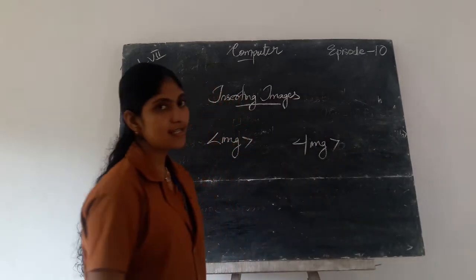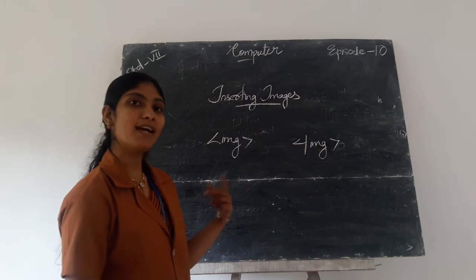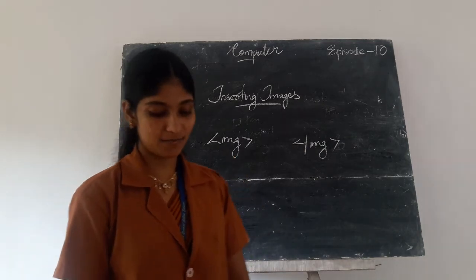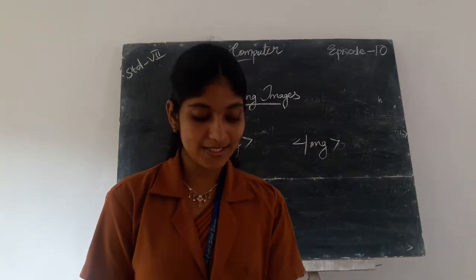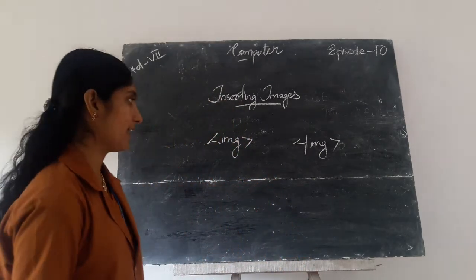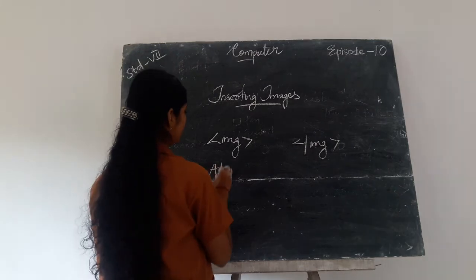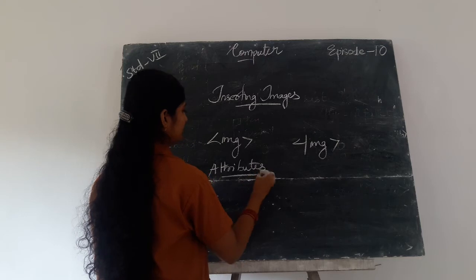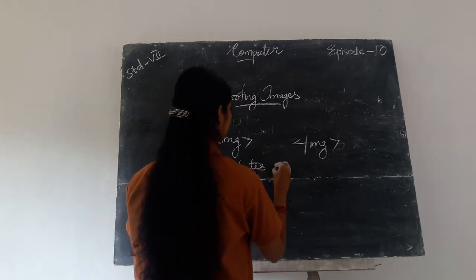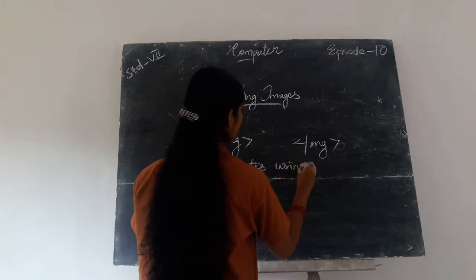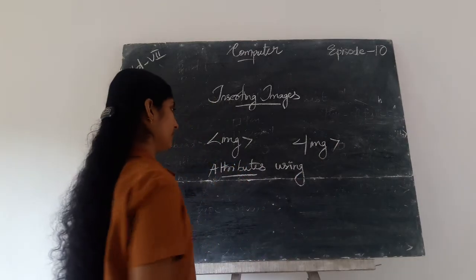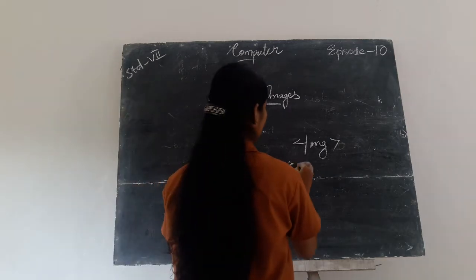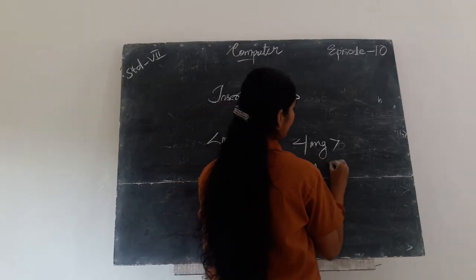And here there are some attributes that provide some additional information to the img tag. So let's see what are the attributes. First attribute is src. Attributes used in img tag.